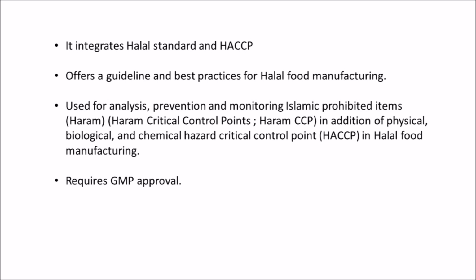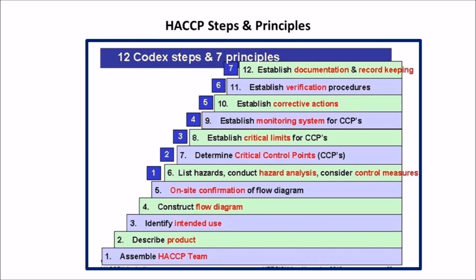It's been blended together, and offers a guideline and best practices for halal food manufacturing. It is used for analysis, prevention and monitoring of Islamic prohibited items, things which are not halal or haram, and the haram critical control points, or haram CCP, in addition to physical, biological, chemical hazard critical control points in halal food manufacturing. Of course, it requires GMP approval, good manufacturing practice.